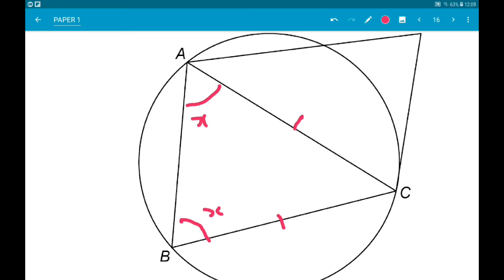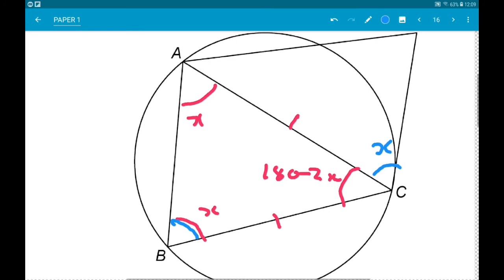From that, we know the third angle is 180 minus 2x. Okay, now, because of the alternate segment theorem, which you would want to write down somewhere, we know that this angle is equal to this angle. So this angle is also x.